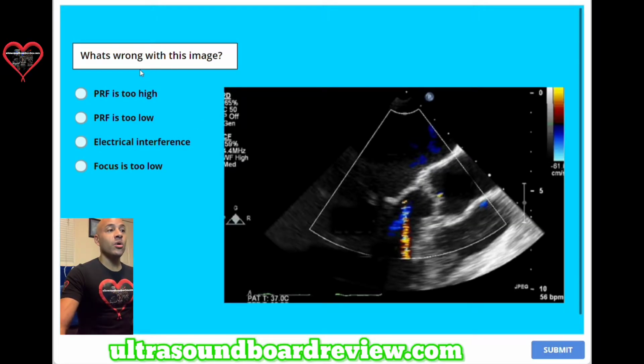Question number 8. What's wrong with this image? A, PRF is too high. B, PRF is too low. C, electrical interference. Or D, focus is too low.